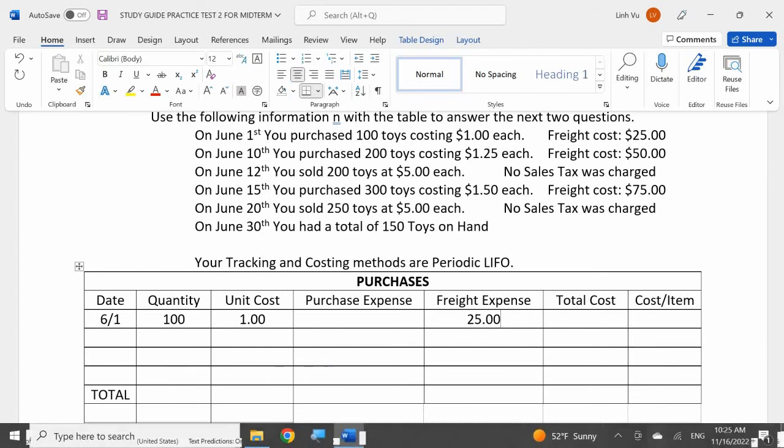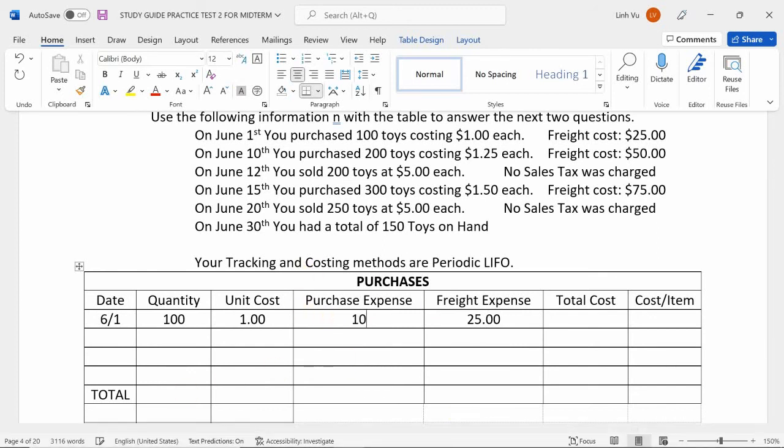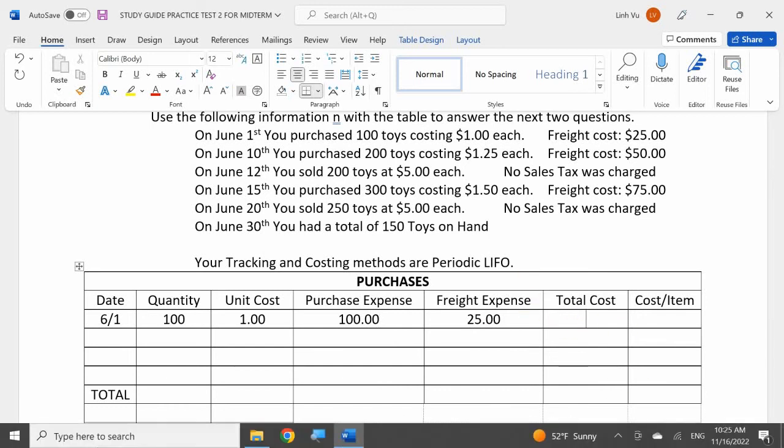So in this case, the purchase price is 100. Plus freight of 25, so there would be 125 as your total cost. Because you're using LIFO, you need to calculate your cost per item, which is going to be $1.25. Okay.